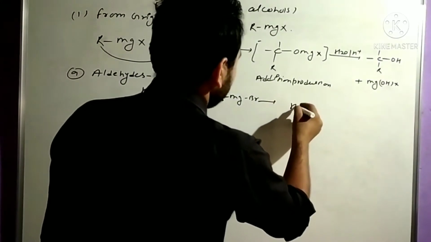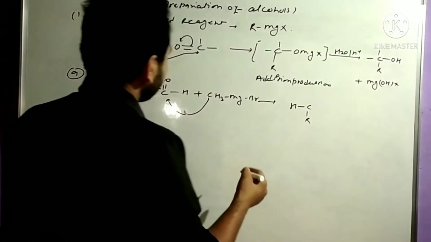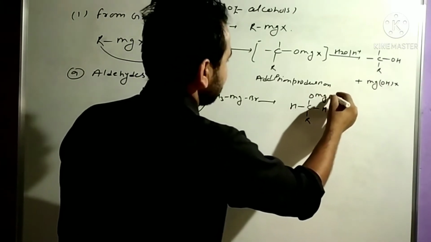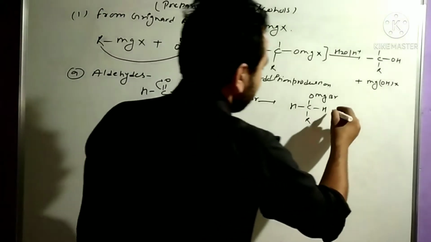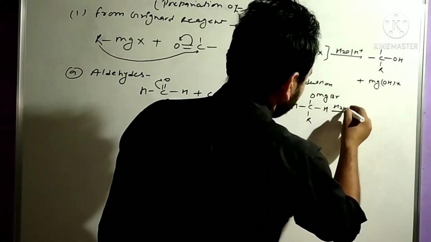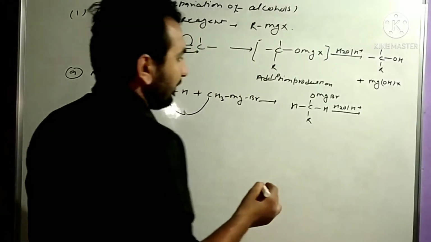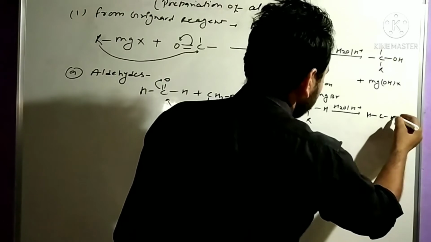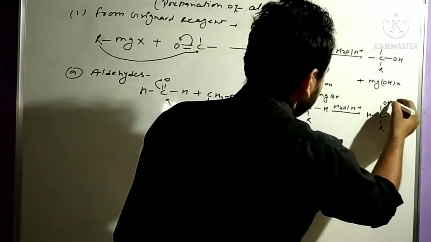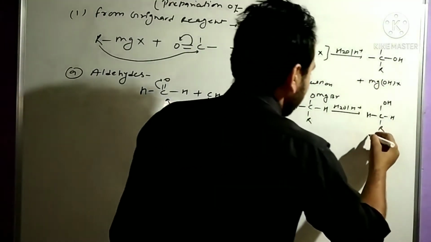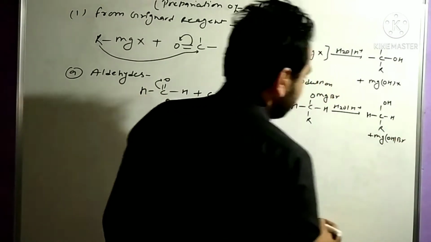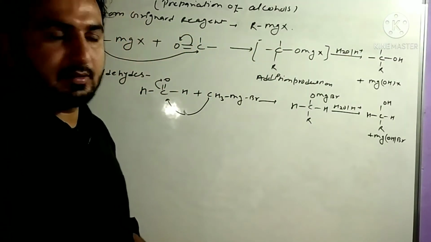So H, C, one R, and one H already present, and OMgBr. Here you treat this with H2O and H plus to form the alcohol, H, C, H, R, OH, and the other product is MgOHBr, hydroxy magnesium bromide.